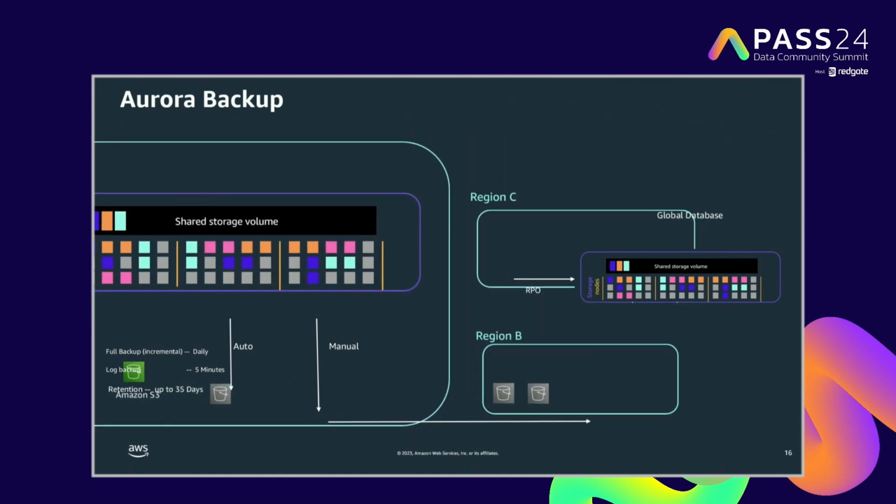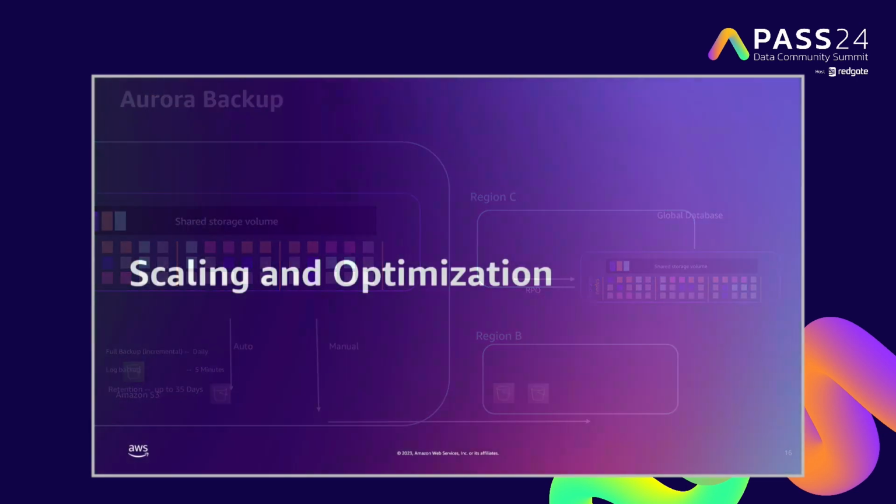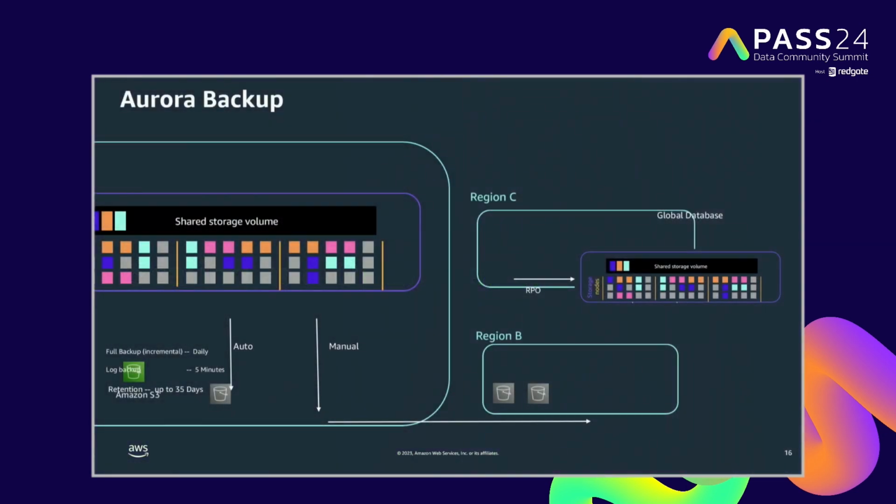So here in Aurora Postgres, Aurora does a continuous backup. You don't need to configure anything, and it's a continuous auto backup. For this auto backup, you can have up to 31 days.